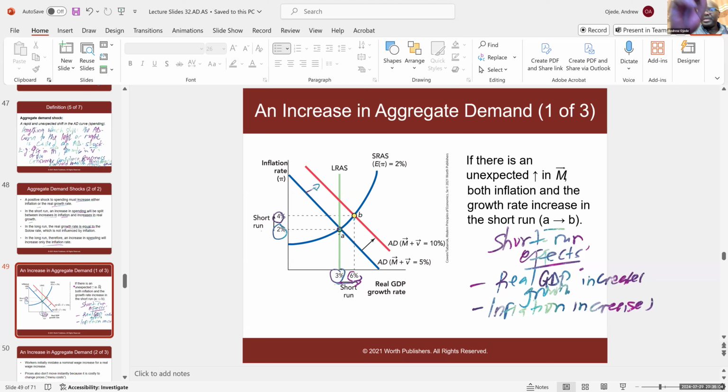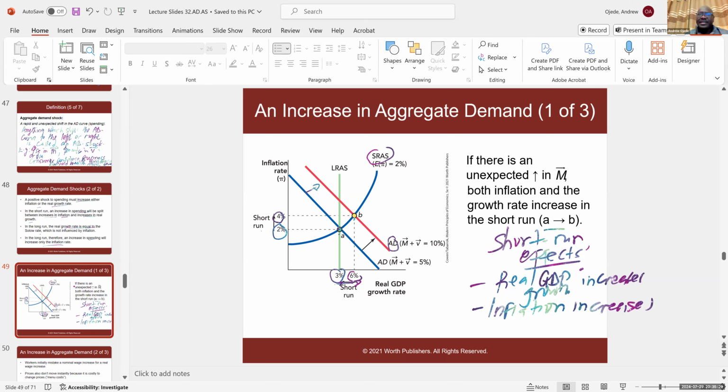Because at point B, that's the short-run macroeconomic equilibrium. Anytime the intersection between the short-run aggregate supply curve and the new aggregate demand curve, the red line, those two curves are intersecting at a point which is not on the long-run aggregate supply curve. So that is a short-run macroeconomic equilibrium that produces what we call an inflationary gap, because inflation goes up.